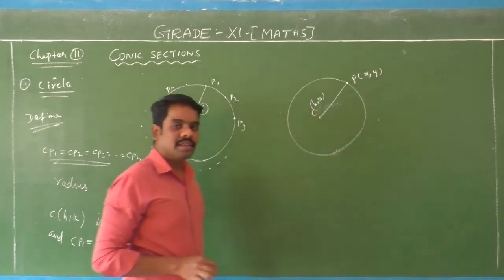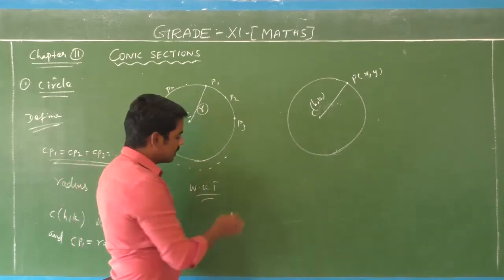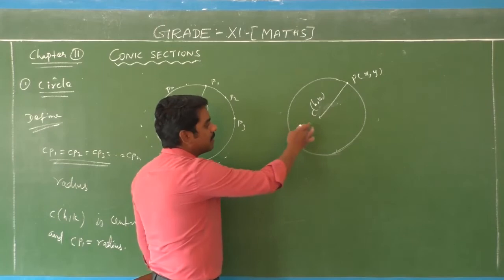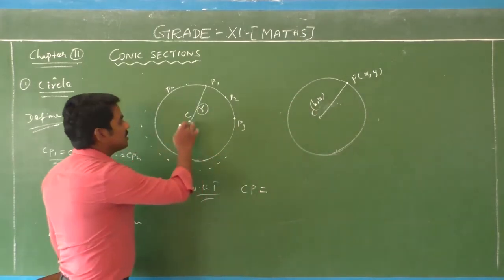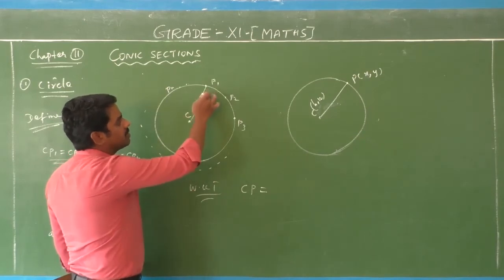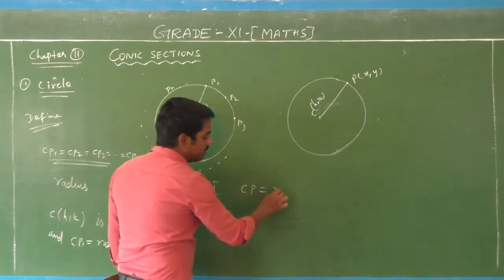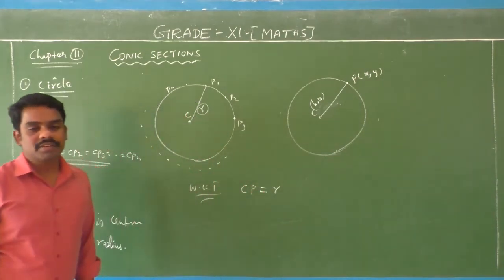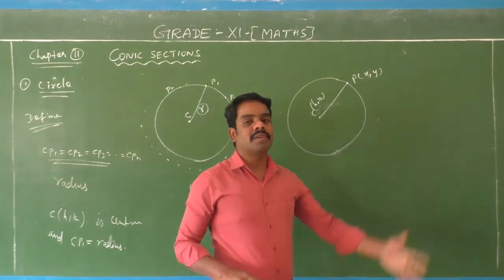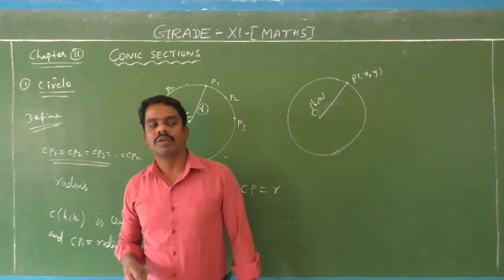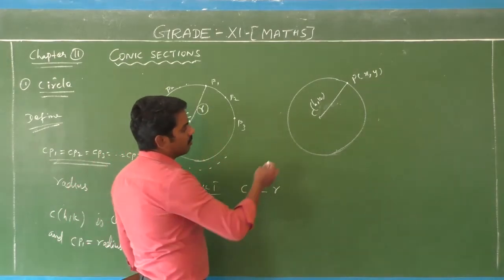We know from the diagram that CP is the distance between 2 points. The distance between any point on the circle and the center is called the radius, so CP is equal to the radius r. We know the distance formula between 2 points: root of (x2 minus x1) the whole square plus (y2 minus y1) the whole square. So substitute this formula.